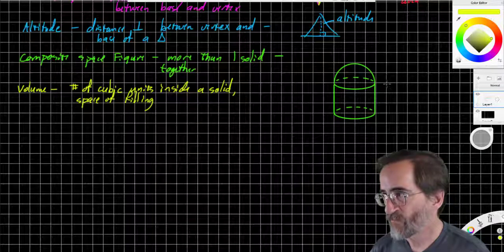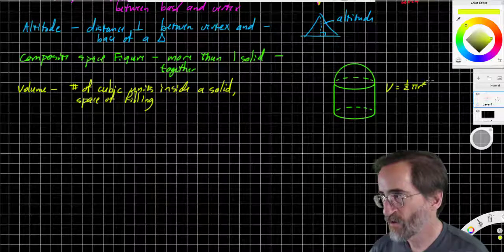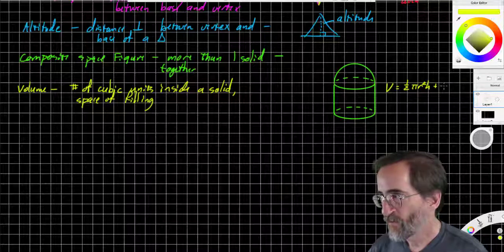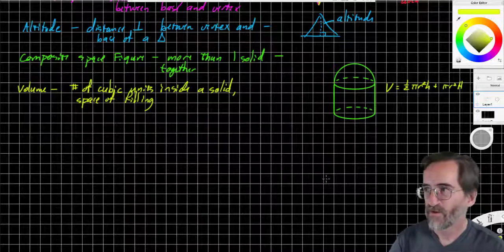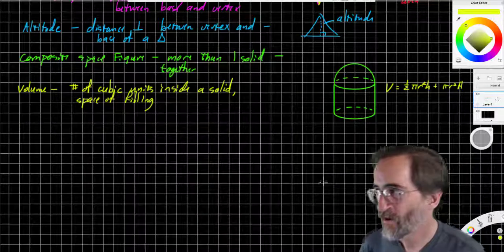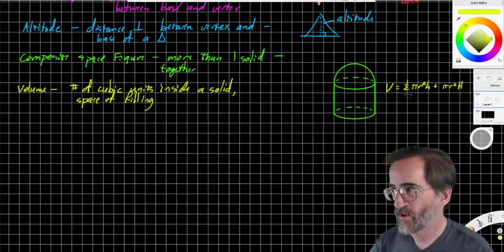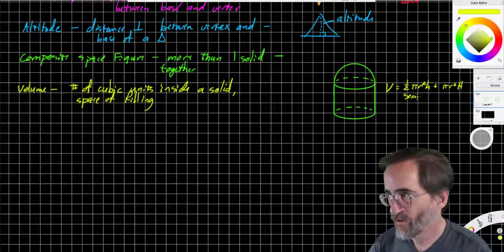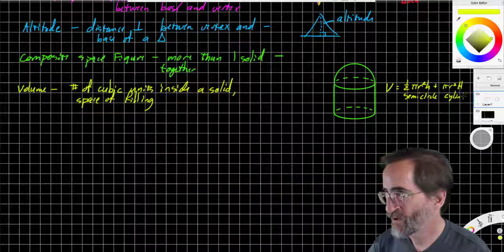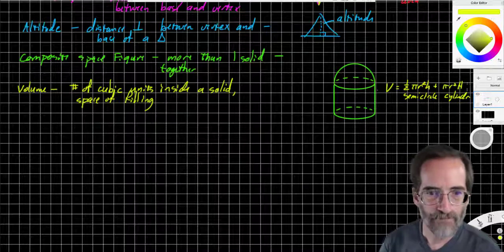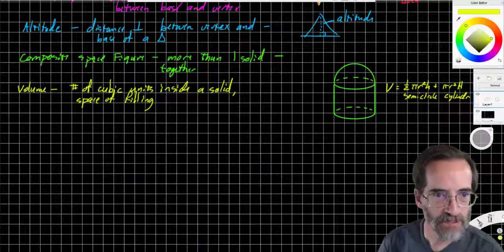So in this case, the volume is 1/2 pi r squared h plus pi r squared big H. Okay, because that's the volume of the semicircle and the volume of the cylinder. All right. Volume, space of filling.